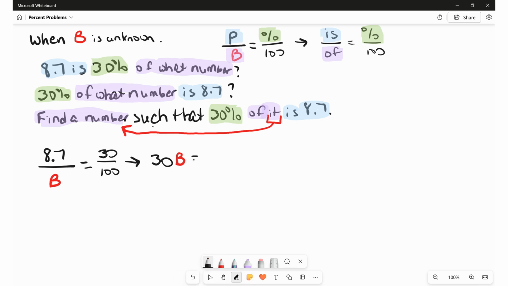And you can use whatever variables you want for these. I prefer to use the letters because I think they make the most sense. And that is equal to 870. And when we divide both sides by 30, we get that B is equal to 29.